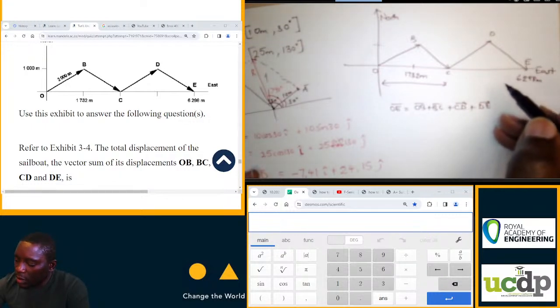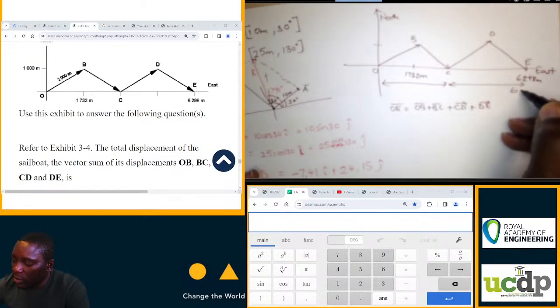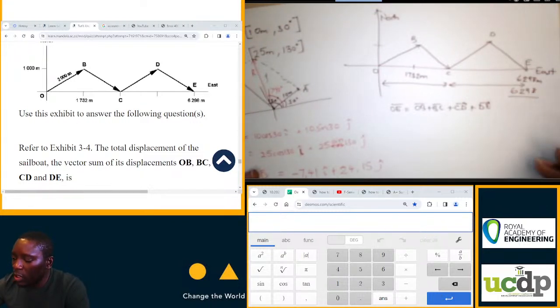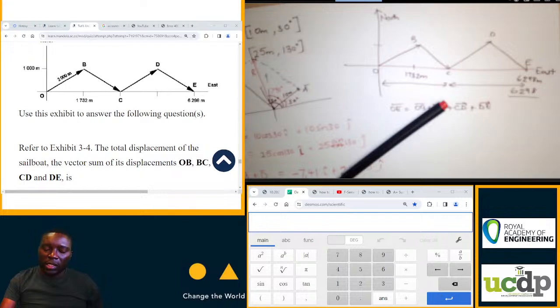Then CD to DE will also be that distance, and the sum of those distances, the displacement, is simply 6298. We don't need to calculate anything. We just have to know what displacement is and look at the given figure, then pick the appropriate answer.